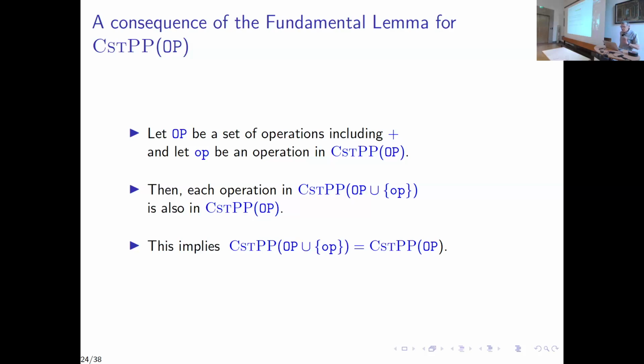If you have a set of operations including addition, it's important, and an operation which can be computed in constant time with preprocessing using this set of operations, then each operation is in the bigger class. You can eliminate the operation in the program, and this implies a kind of transitive result.